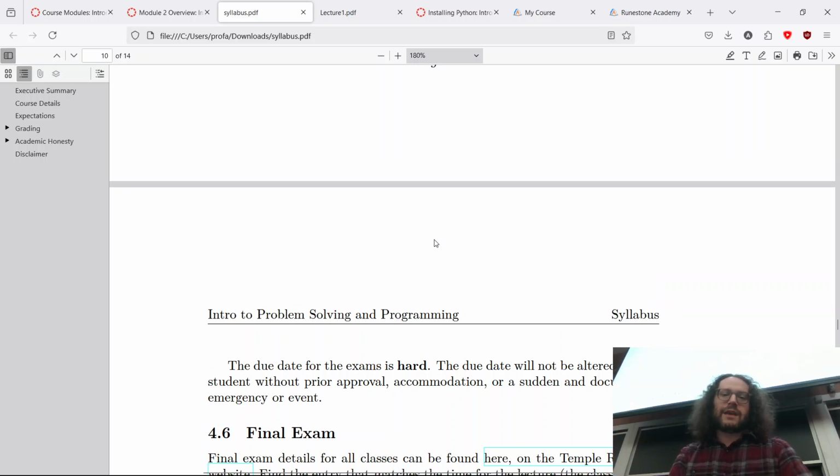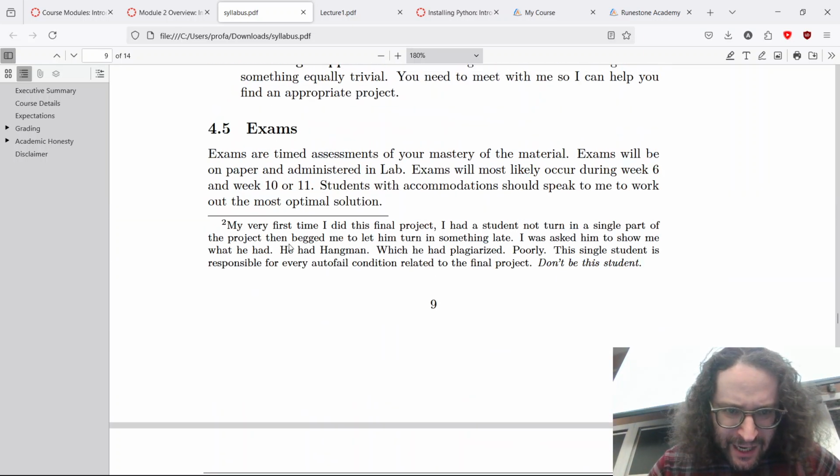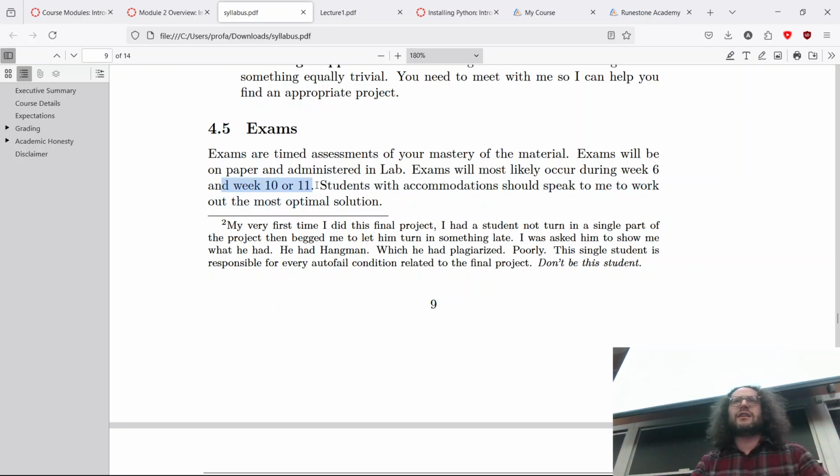Right? The due date for the exam is hard, unless you are sick the day of the exam, please let me know. Also, I believe with it being during week 10 or 11, that would put it around Ramadan.